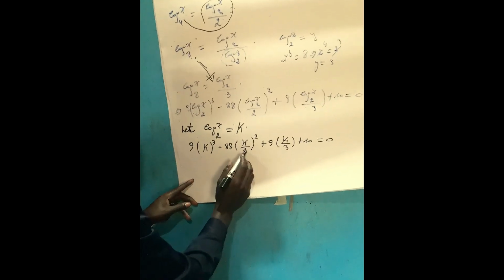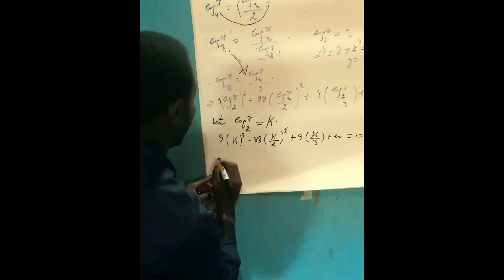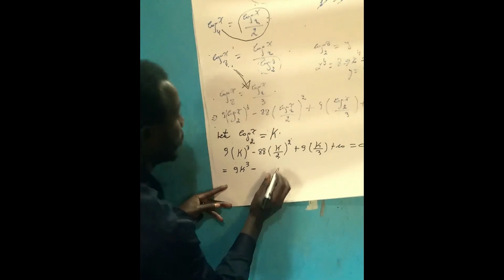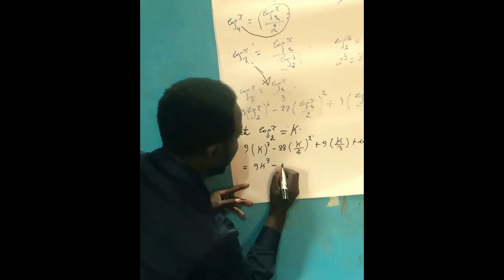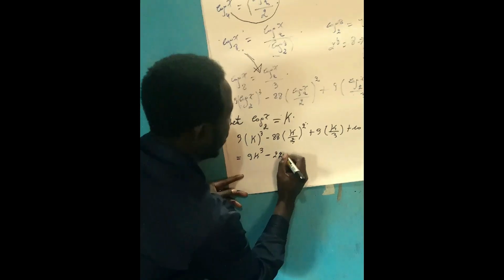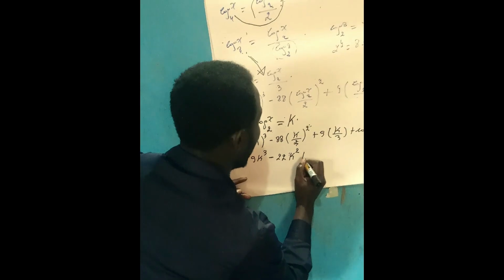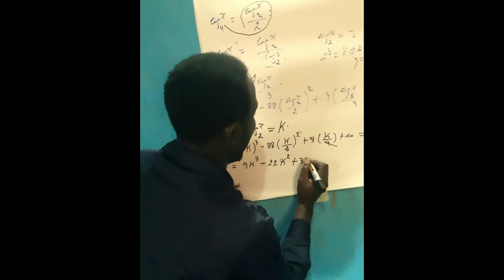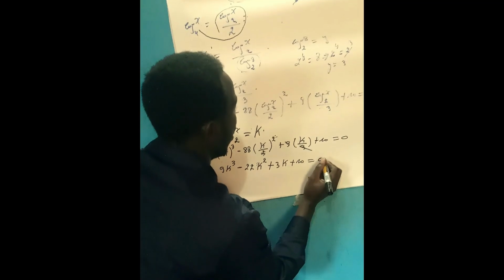Then here we have 2 power 2, means 4. So our equation is 9k power 3 minus 88 over 4, then cancel, here we have 22, times k power 2, then plus, here we cancel, we have 3k, then plus 10 is equal to 0.